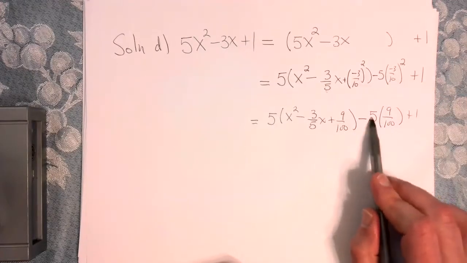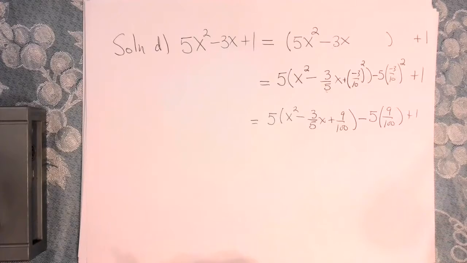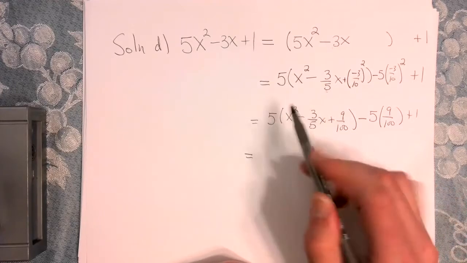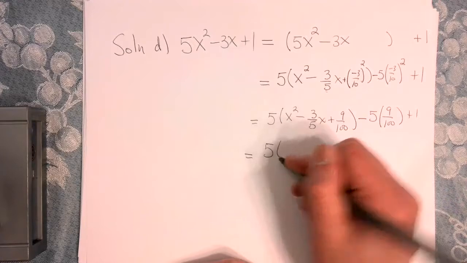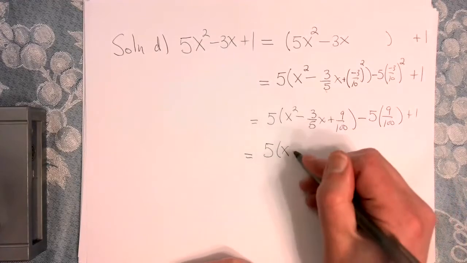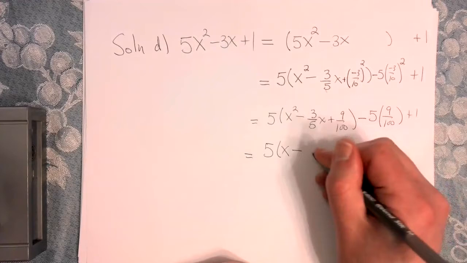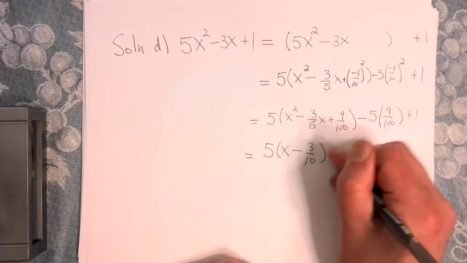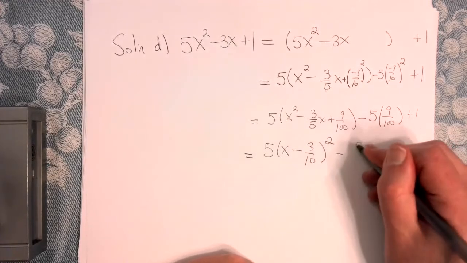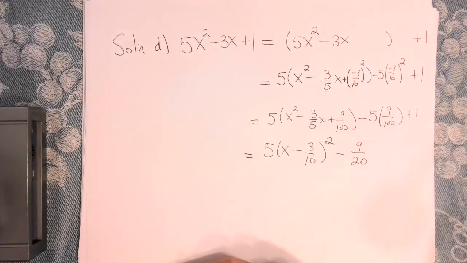So these will play nicely. We can reduce these down. So this we can factor. This will be 5 times the square root of this, which is x. Exactly this sign is minus, and the square root of this is 3/10. And then here, this is going to be minus, it looks like 9 over 20, right?